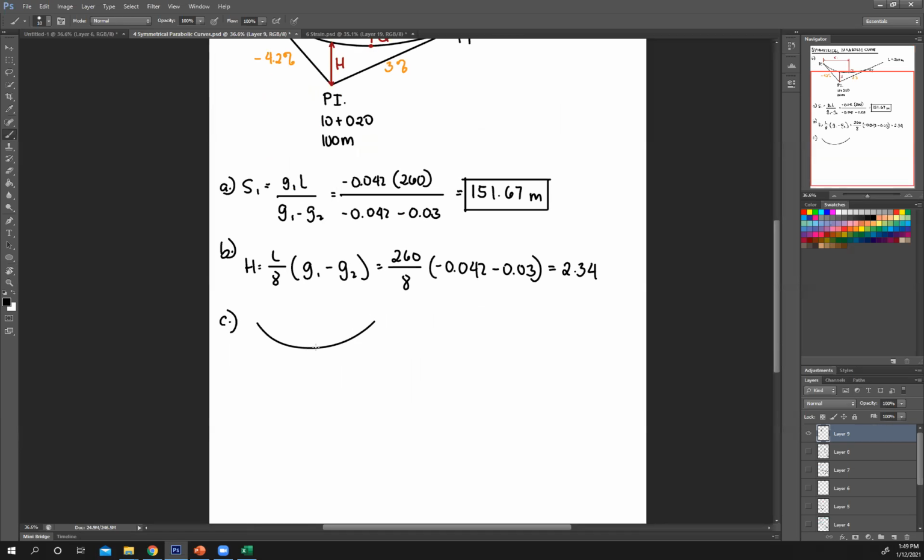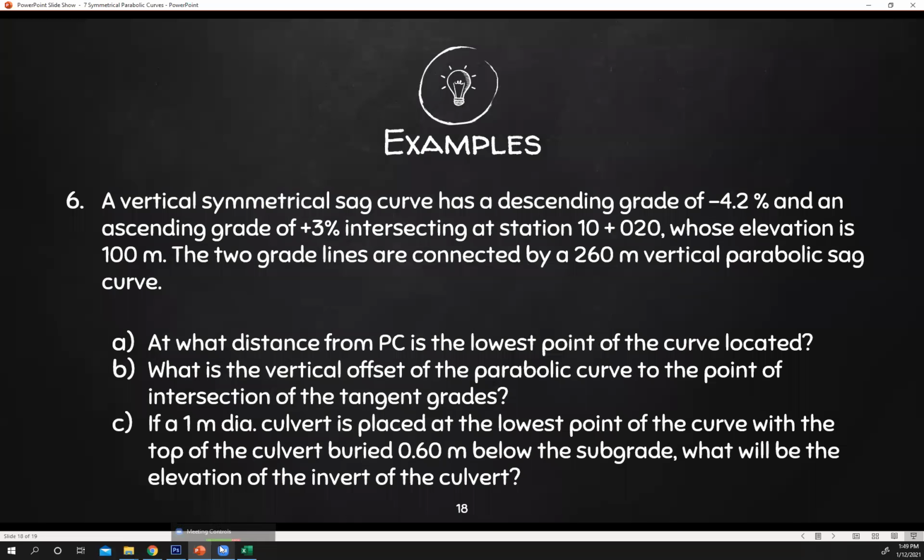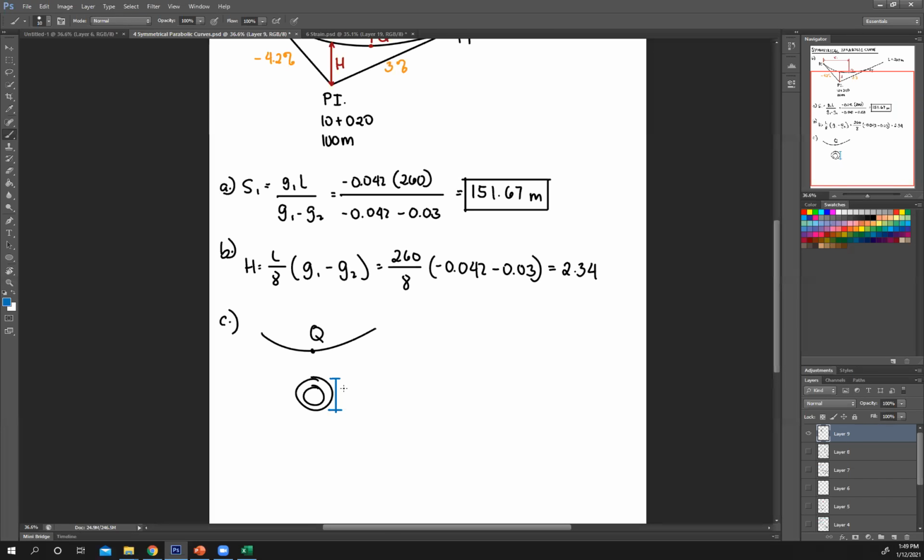Let's say you have this, your point Q. You have a culvert in the middle of that, and this has a diameter of 1 meter. Then it's buried 0.60 meters from Q.